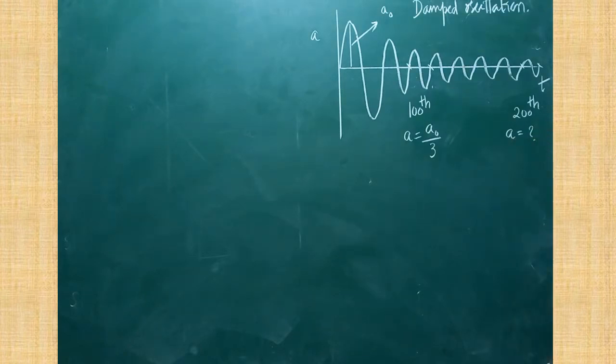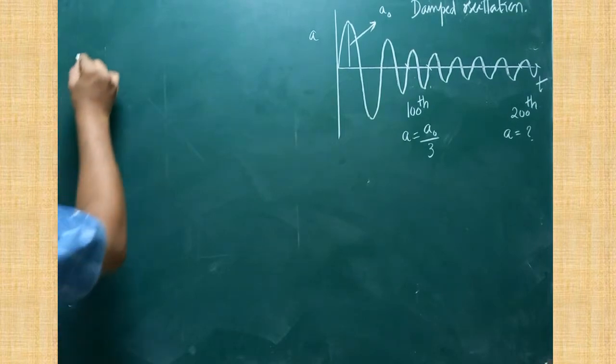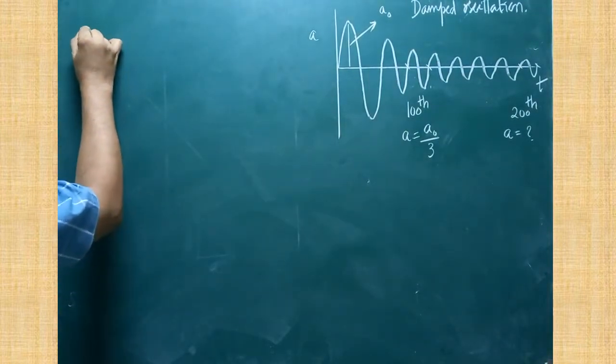Are you clear? Now to solve the problem, the formulas are not available, so we have to refer to a few books. From there we are able to get the formula. I will write the formula which is not available in your textbook.